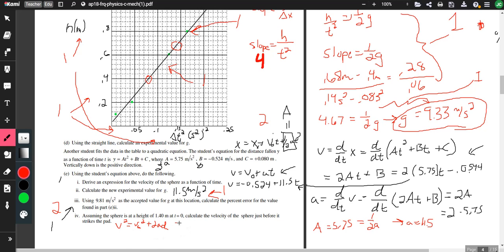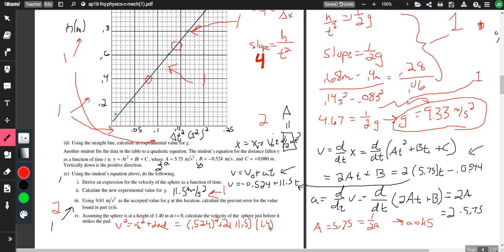So when I do this, I can just kind of compare. Again, seeing as when I took the derivative, I got this as my initial velocity, I can plug that in for v naught, square that. Again, this is my acceleration, 11.5, and the d is 1.4.